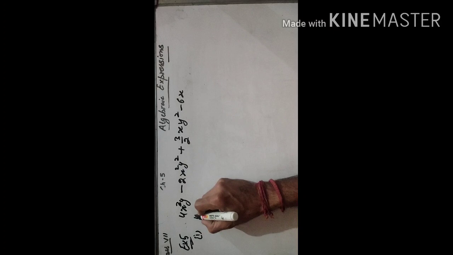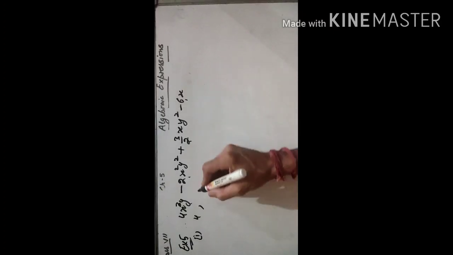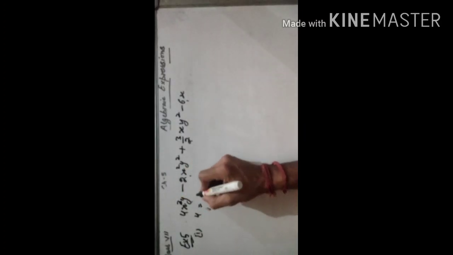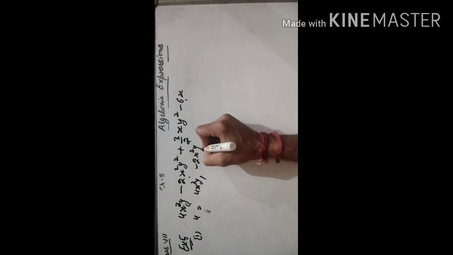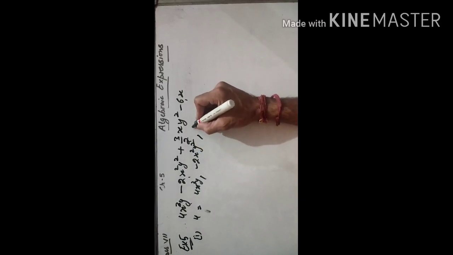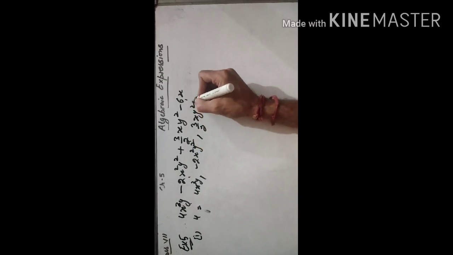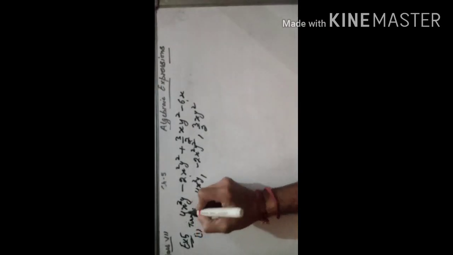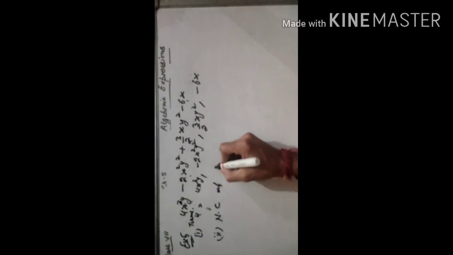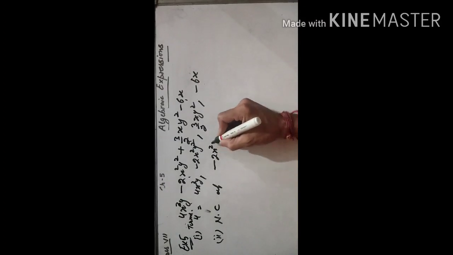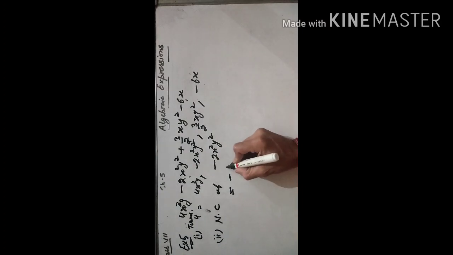Number of terms is 4. 1, 2, 3, 4, and we have to name them. 4x cube y is the first term, minus 2x square y square is the second term, 3 by 2 xy square is the third term, then minus 6x. Second part is, what is the numerical coefficient of minus 2x square y square? That is minus 2, the numerical coefficient.